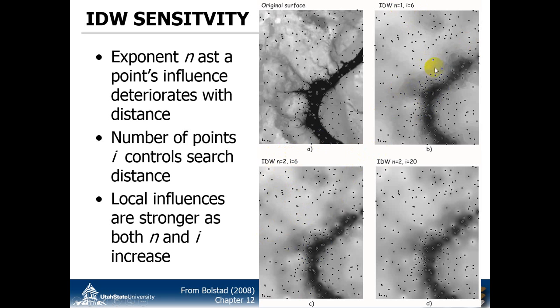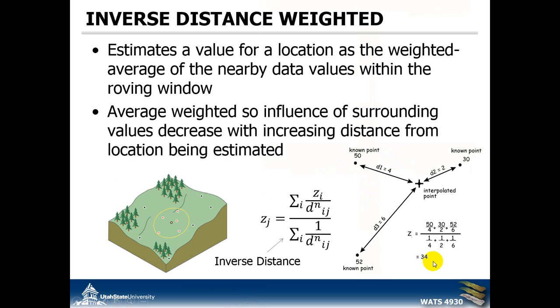We can see that this one's a little more nuanced and this one's a little bit smoother by adding that exponent in. Keeping that exponent at 2 and then adding more points around you, this is what you get. So these are the knobs, if you will, that you get to control in an inverse distance weighting routine.